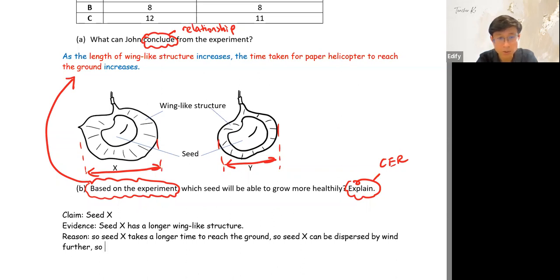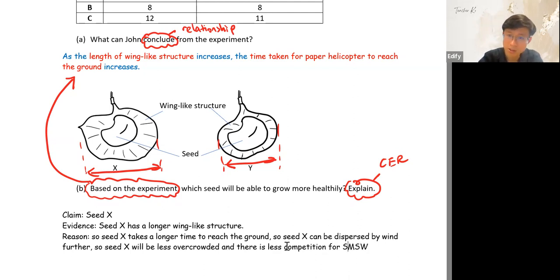And so seed X will be less overcrowded, right? And there is less competition for survival needs. Okay, so these are sunlight, mineral salts, space, and water.